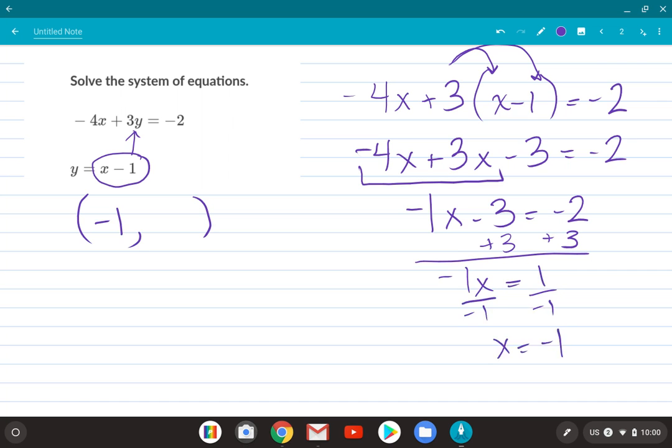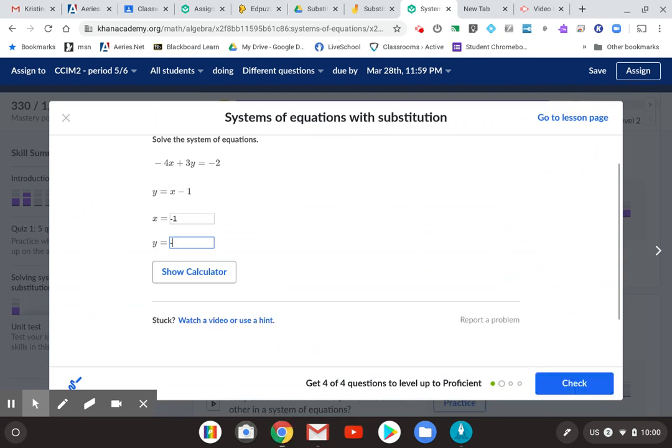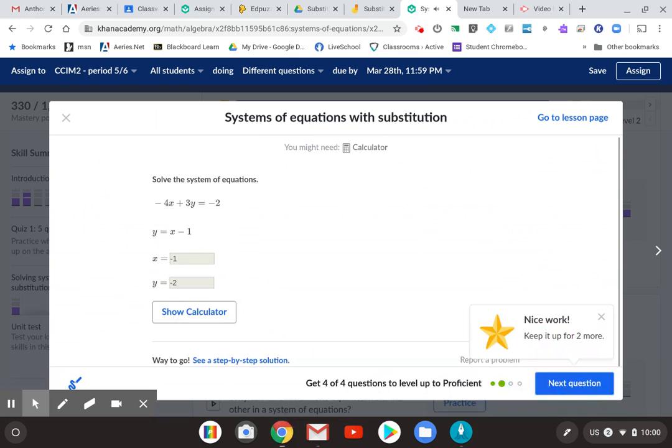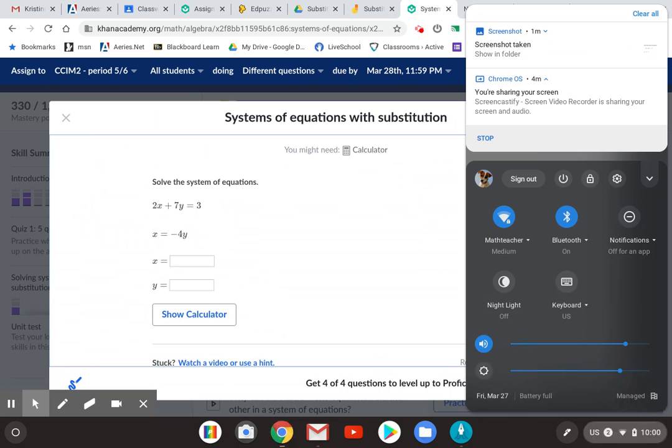Again, second equation is much, much easier, so why not start with that one? y equals our x, which is negative 1, minus 1, is negative 2. And then we go back, negative 1, negative 2, and we got it.